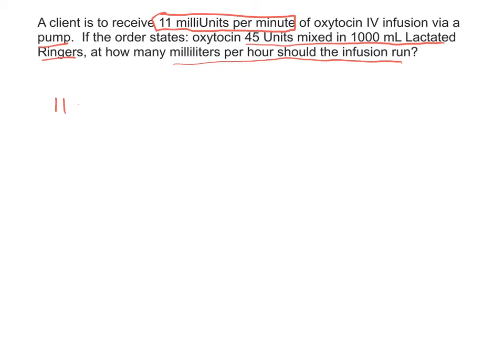So 11 milliunits every 1 minute. What we're going to be doing is setting the pump because these milliunits are floating around in this 1,000 mLs of lactated ringers. So it's going to be floating around in this bag. The bag's going to be hooked up to a pump. So what we need to do is to set the pump for a milliliter per hour rate.